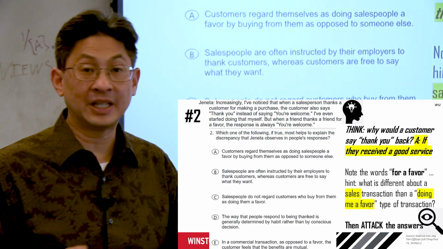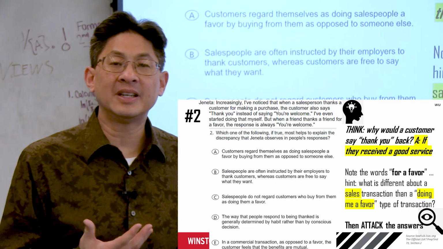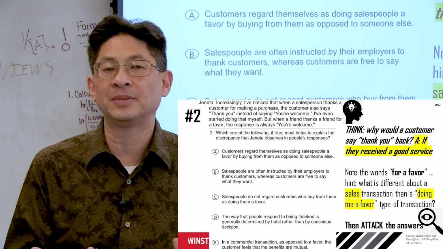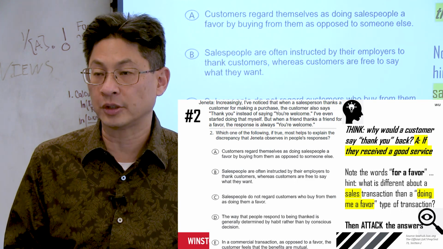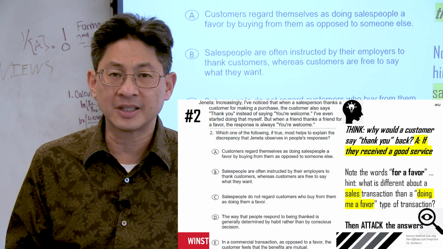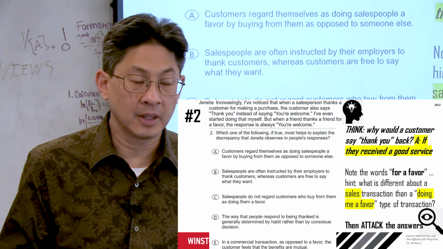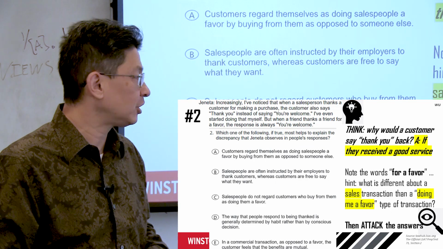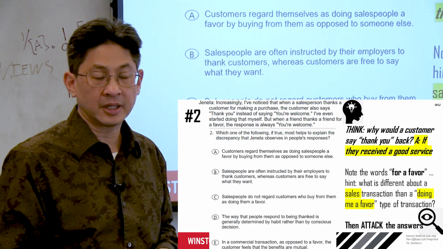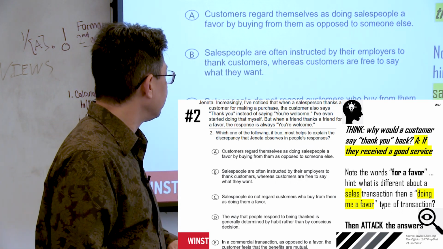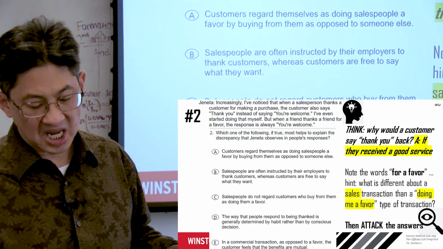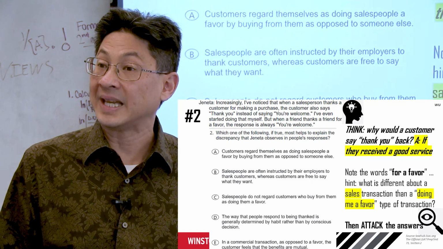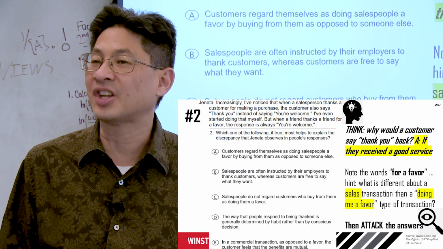Now, that is very, very dangerous as well, because when we read an answer choice without having thought for ourselves, we can be tempted to answer something like answer choice B, because honestly, it sounds like the truth. Hey, I've worked in retail, and yeah, it's true. My employer would always teach me to say thank you to the customer. Yeah, that sounds legit. And then customers are free to say what they want. Yeah, there's freedom of speech in the United States. All that sounds legit. And so we answer choice B because it is all true.